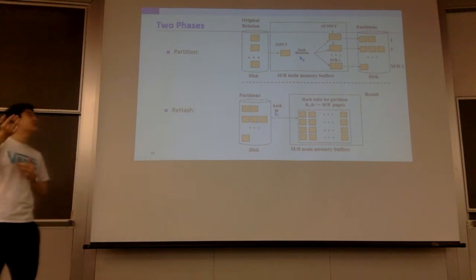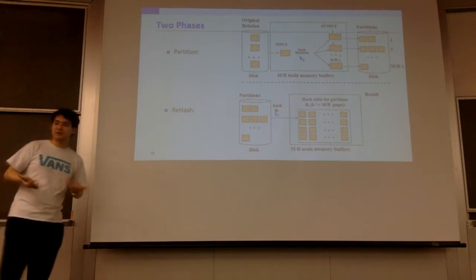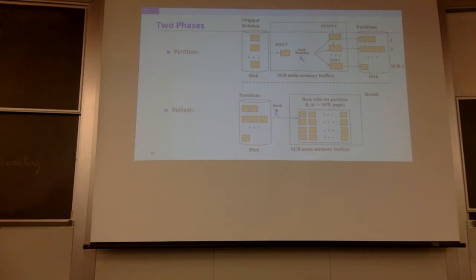So for your hashing, you compute the hash value using the hash function HP, the partitioning hash function, and put that tuple into one of the buckets, right? And then whenever your buffer frame for that bucket fills up, you dump that to disk. So finally you end up with a bunch of blocks or partitions, right?